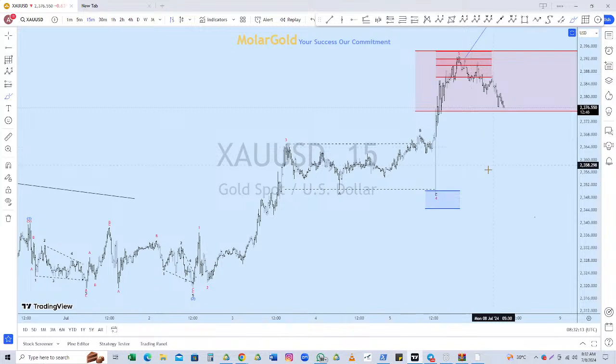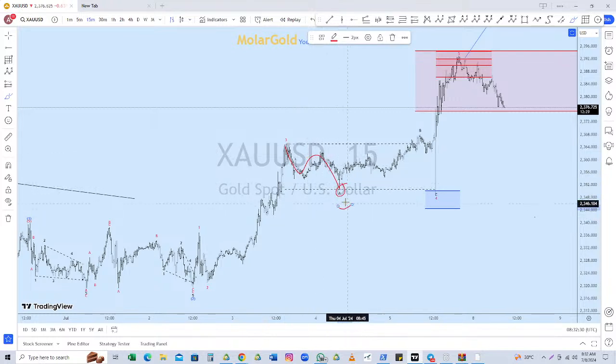So let's get it going. Let me make a few corrections or adjustments to the analysis I made last week. Last week I said that this part is an ABC correction, and that it is our wave 4, and price has to start going to the upside.